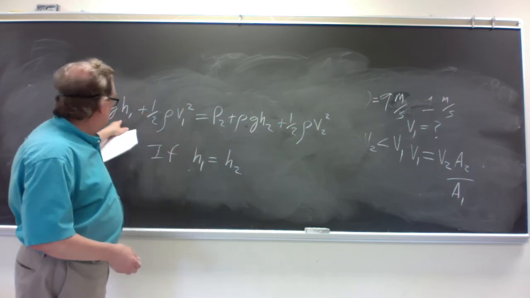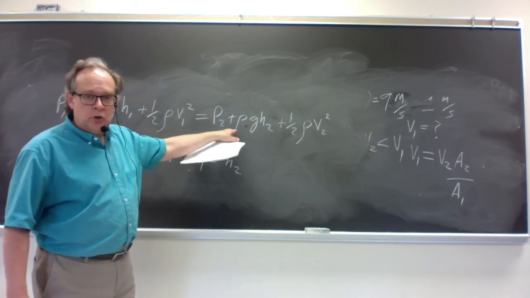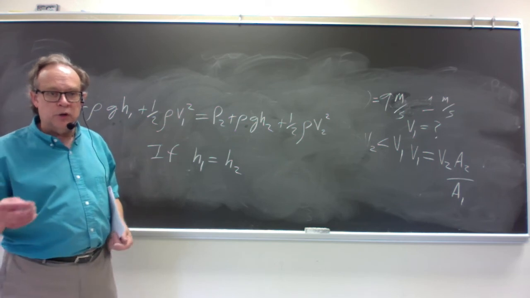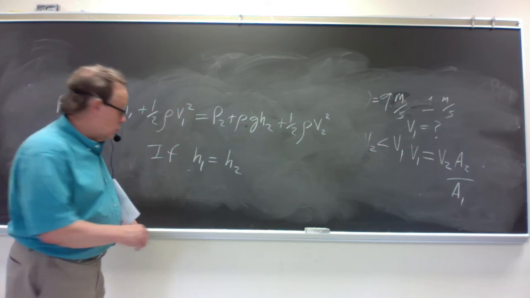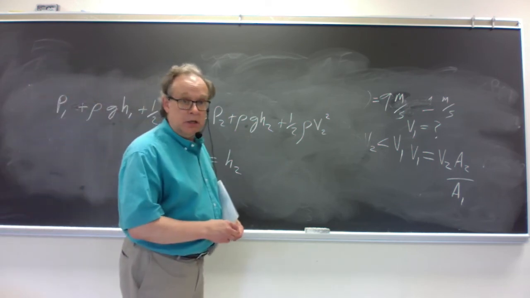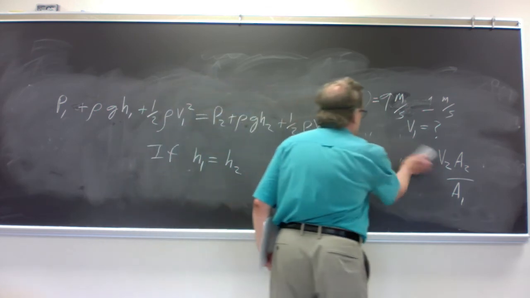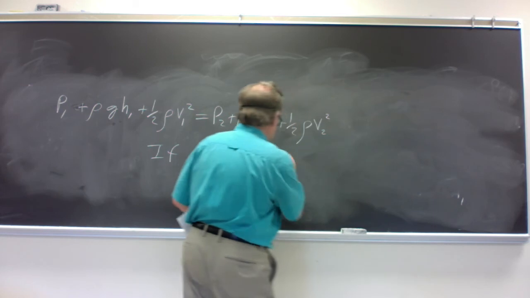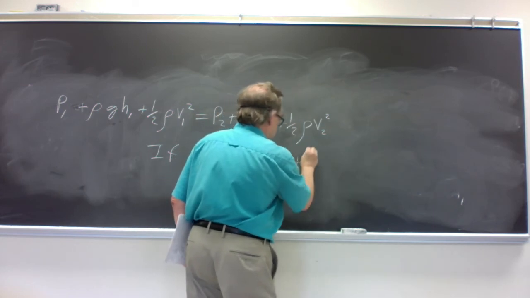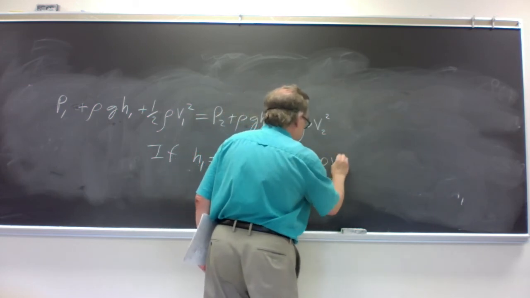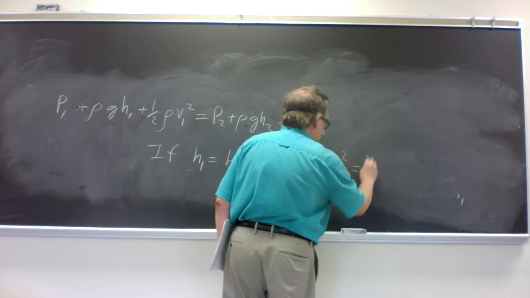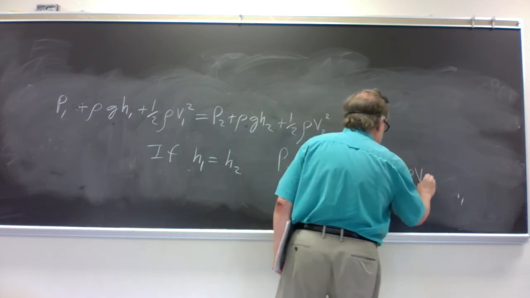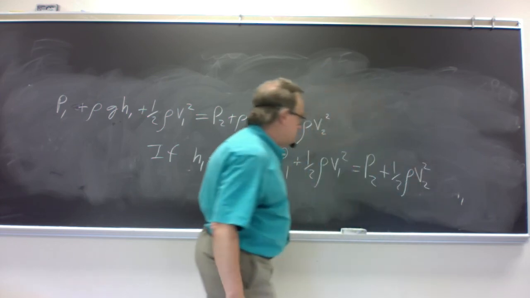H is the same here and here, so just subtract density g H from both sides of the equation, and what you are left with is a slightly simpler equation, and it's easier to see the interesting thing that's going on. Pressure 1 plus 1/2 density speed 1 squared equals pressure 2 plus 1/2 density speed 2 squared.